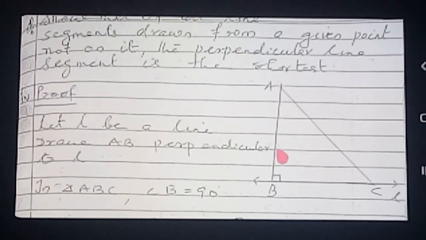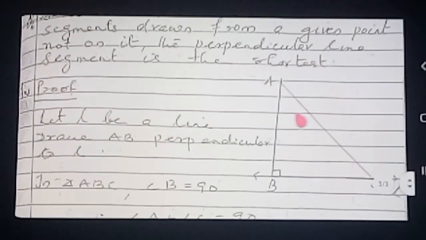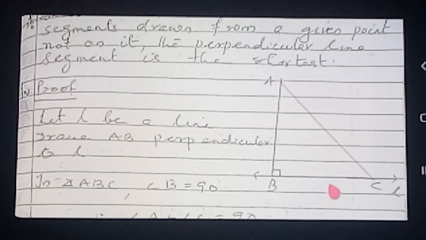So here BC is a line, B and C are on the line L, and we have taken a point A which is not on this line L, taken from outside.